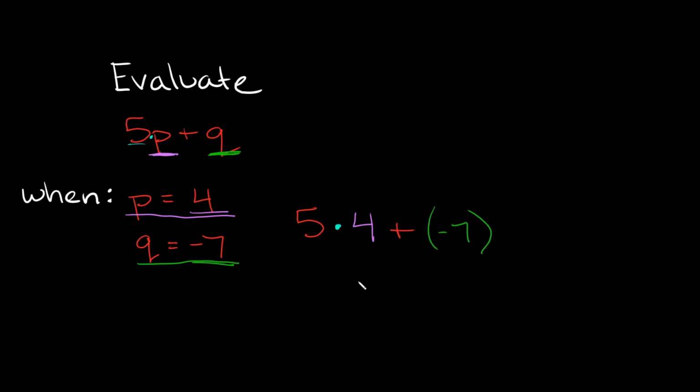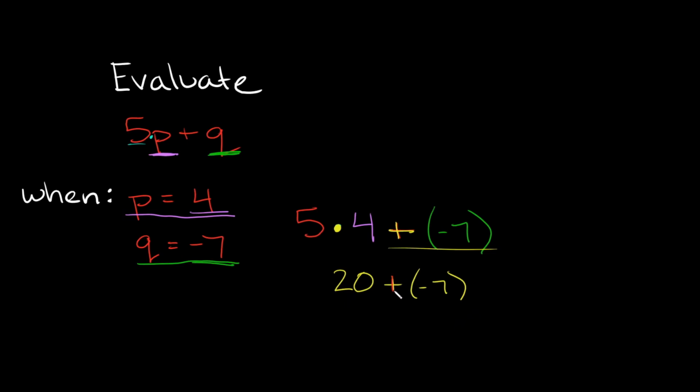So again, according to the order of operations, multiplication always comes before addition, right? So we're going to do this part first. So what is 5 times 4? Well, that simplifies to 20. Then we can bring down the rest of this part right here. So plus negative 7. Okay, so we're left with 20 plus negative 7. How would we solve this?